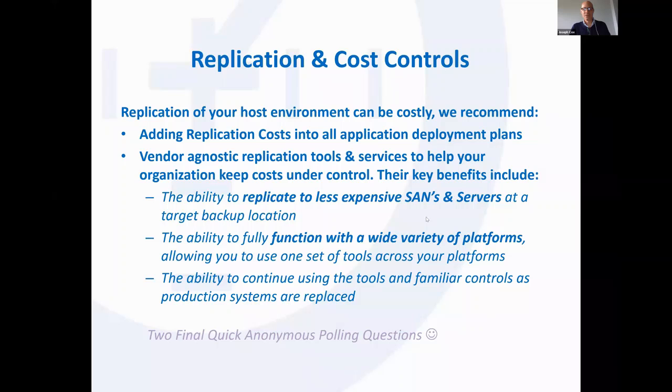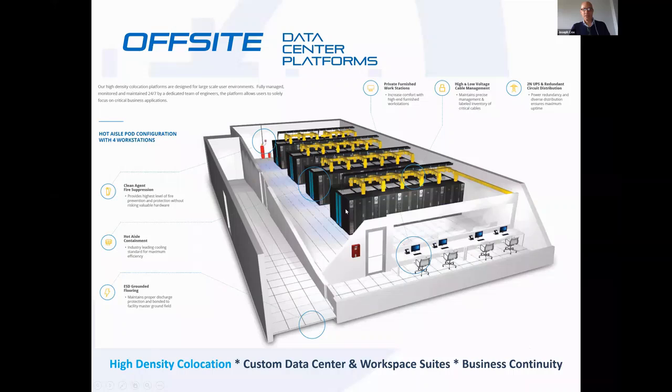So let me pop ahead. This is just some sample diagrams that show some of the items at Offsite's high density room. I think from a perspective of the discussion we have here today, one of the key pieces is when you look at things like clean agent fire suppression, grounded flooring, those are all things to consider for yourselves as well, and how you manage that, and cabling, and everything else that goes into building a quality data center.